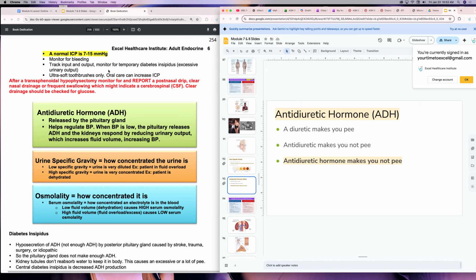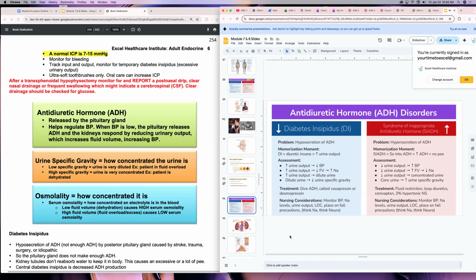So anti-diuretic makes you not pee. I want you to memorize: anti-diuretic hormone makes you not pee. That's what I want you to remember. So if a diuretic makes you pee, anti-diuretic makes you not pee. Okay?